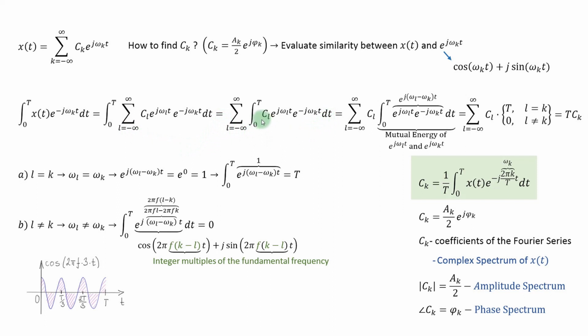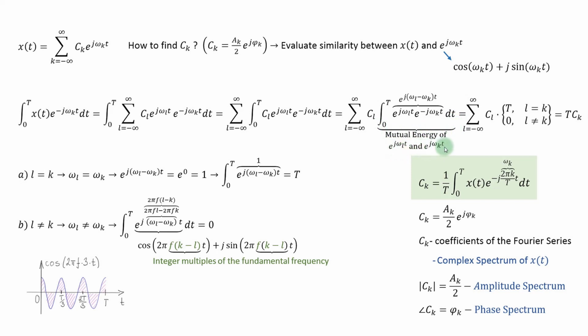Here I need to realize that this complex amplitude, this c sub L, is just a constant for this integral, so I can pull it out of the integral. When I do that, I will get this. And here I should realize two things. The first one is that this entire expression is actually the mutual energy between this exponential and this exponential.